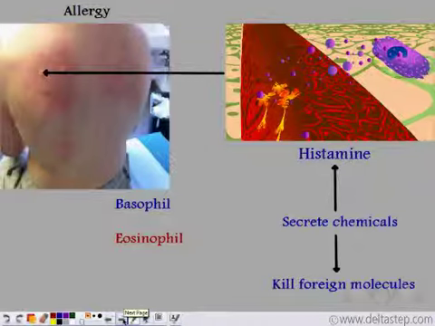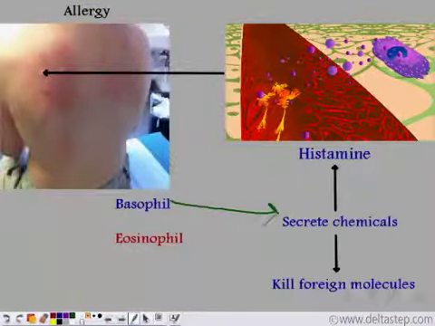Now the basophils, that is the white blood cell which did not have a distinctly lobed nucleus, secretes a chemical which kills foreign molecules, and this chemical is known as histamine.